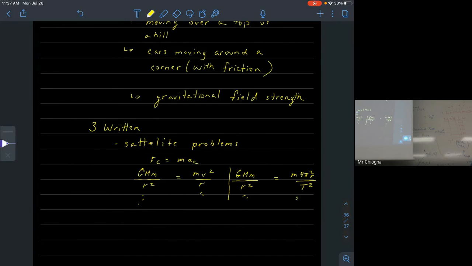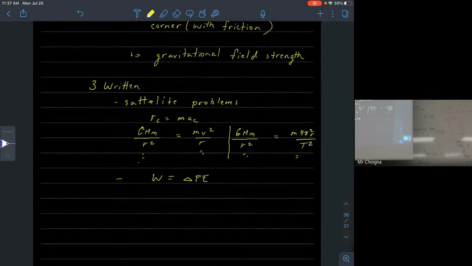I would also know, there's going to be at least one problem involving a satellite that's lifted. You need to calculate the work in order to do that, or it'll be involving a falling satellite, in which case you have to use this equation.